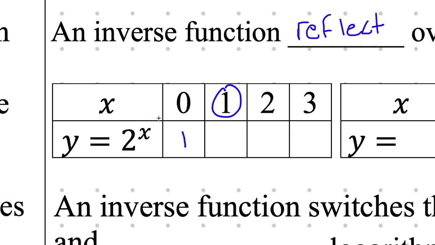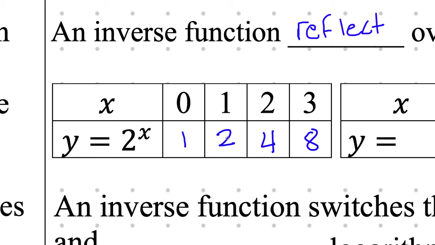I'm plugging in this 1 now into x. 2 to the power of 1 is 2. 2 to the power of 2 is 4. 2 to the power of 3 is 8. So we see the pattern there.